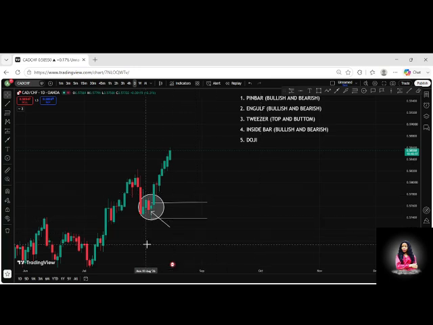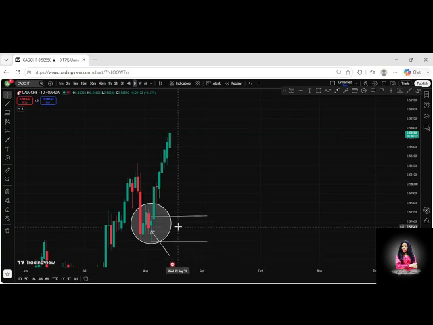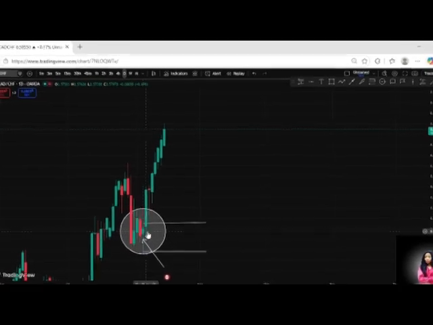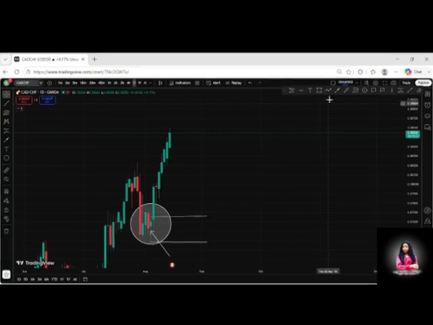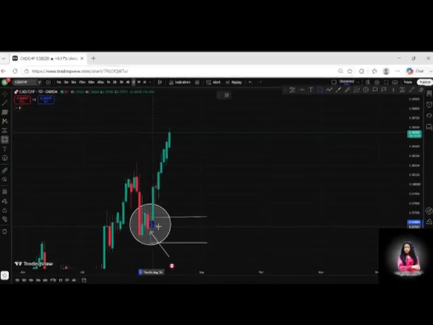Now, you can see that in a candle, we have the body and we have the wick, we have the opening, we have the close. These things are what you should know before now. So now, when you look at this candle, it looks like a hammer. Why? Because the wick is longer than the body. The body is the price action. Let me draw it out. This is the area we have the body.